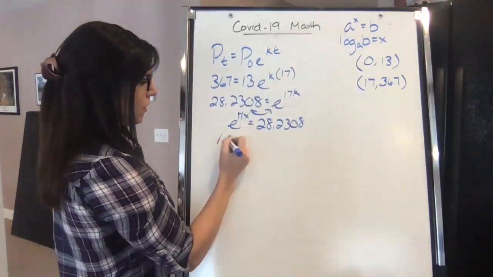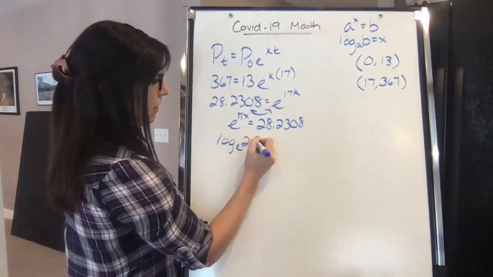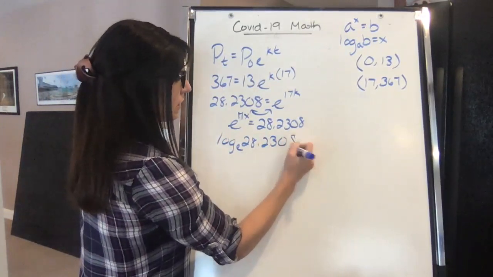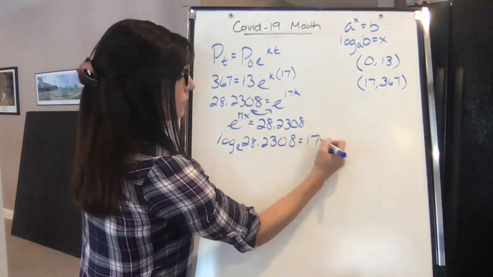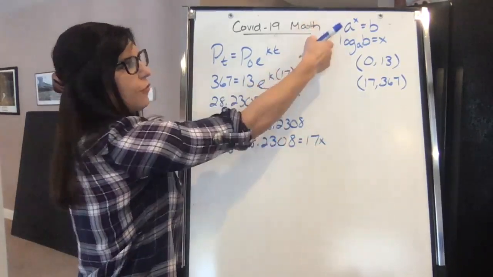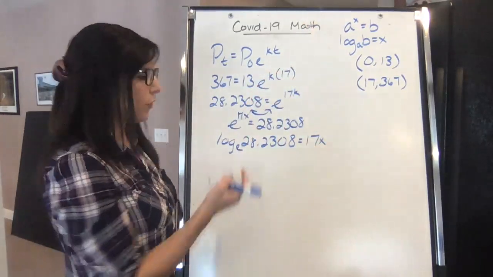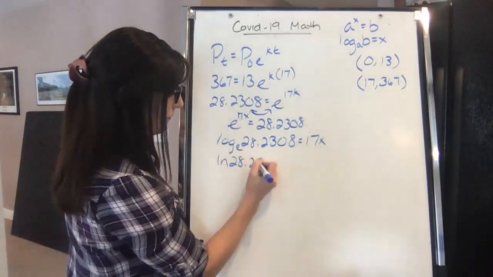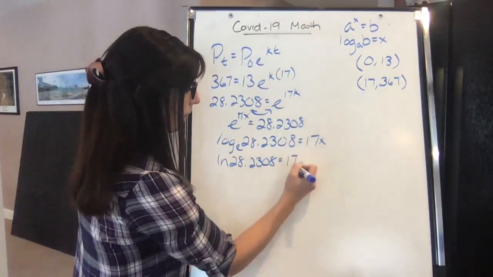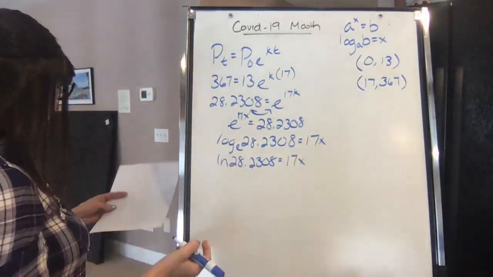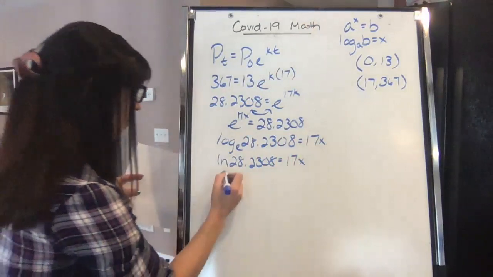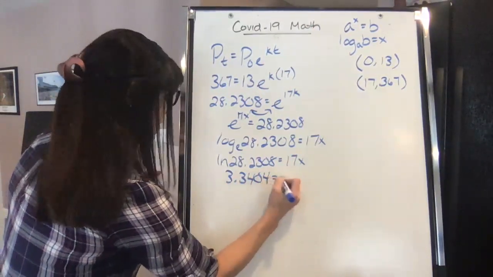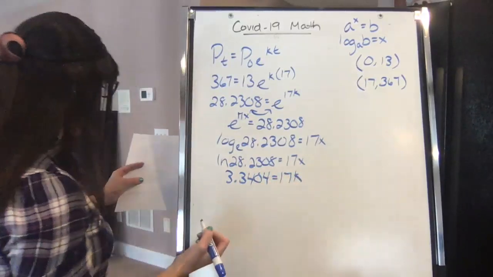And now I can go into my log form. So I'm going to do log base e of my b, which in this case is this number, equals 17k. Okay, so I just converted from exponential form to log form. So log base e we know is ln. From there, you could just type this into your calculator. When I did that, I got 3.3404 equals 17k.